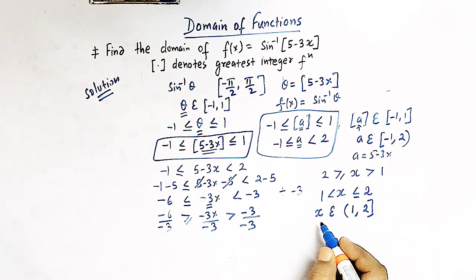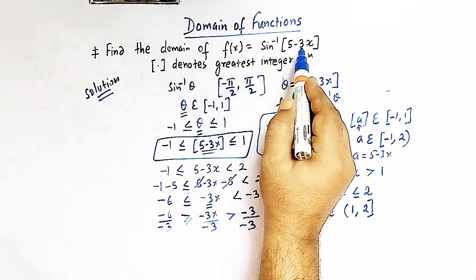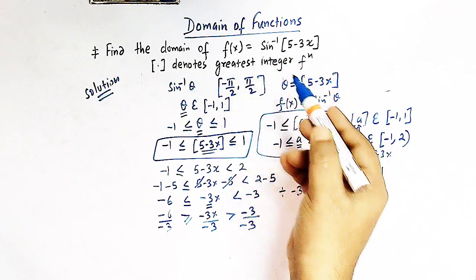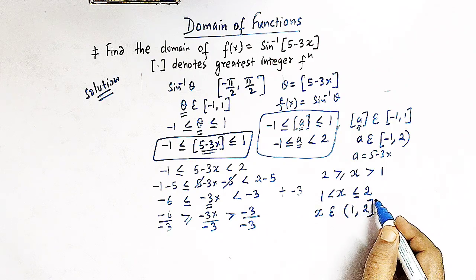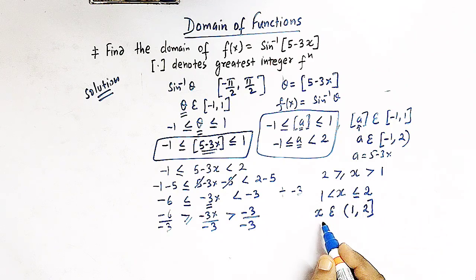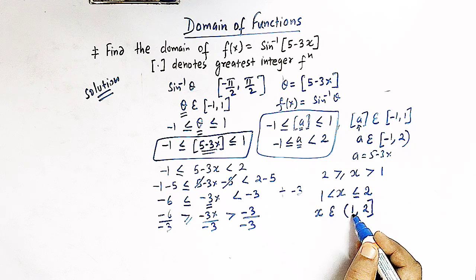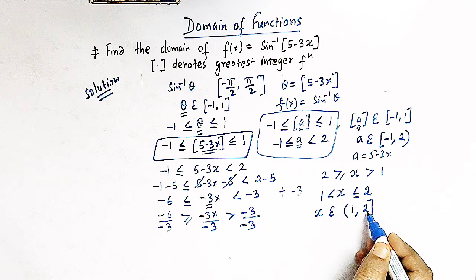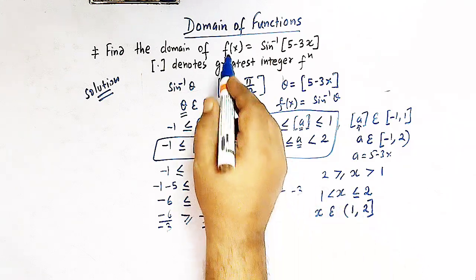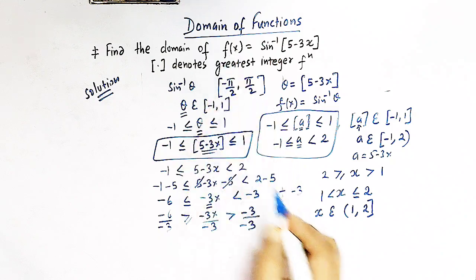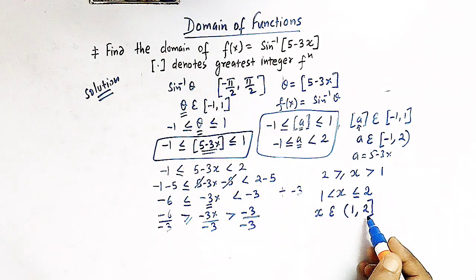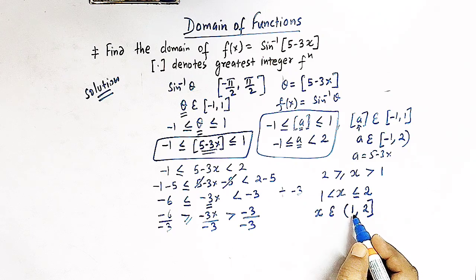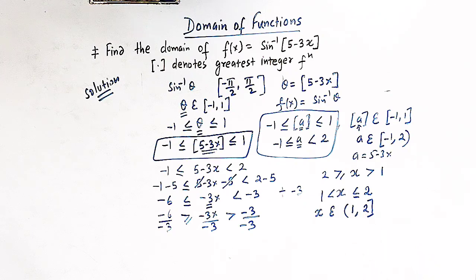So we see that the domain of this function, it means we have to search for those values of x for which this function is defined, and we have arrived at this result, that is x belonging to the interval 1 comma 2. So the domain of this function is given by the interval 1 comma 2, which is open from 1 and closed from 2.